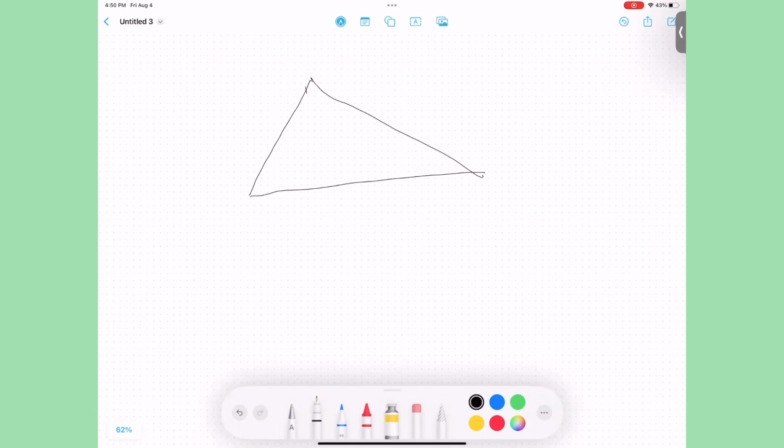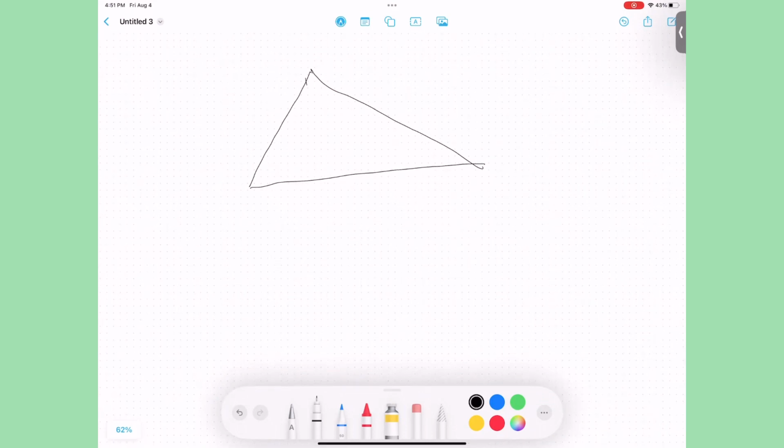And then I have something like this, say. Okay. So to demonstrate same base, let's not do this.